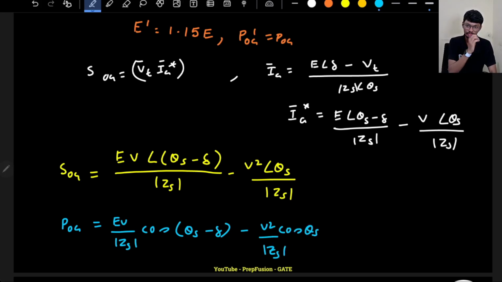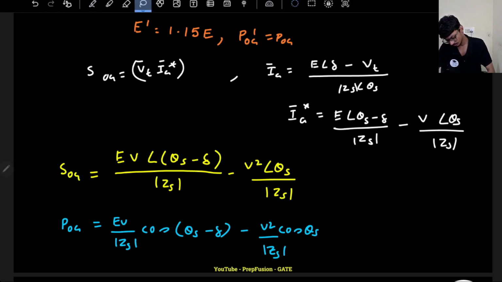So even if you forget the formula, you can still derive it within seconds.